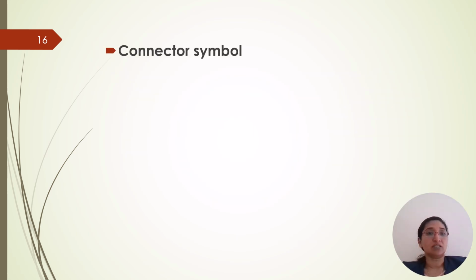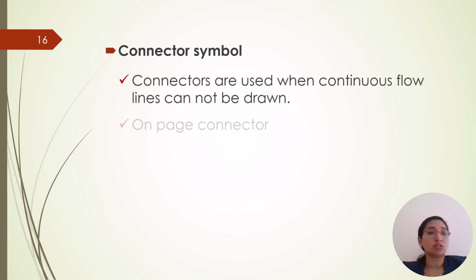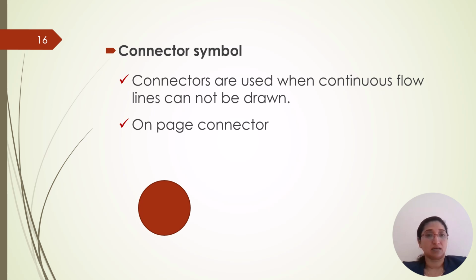Next, you have the connector symbol. So when you're drawing your flow chart, if the page is not enough for you to draw continuous flow line, the rest of your flow chart, if you're continuing on the same page, you use this on-page connector.